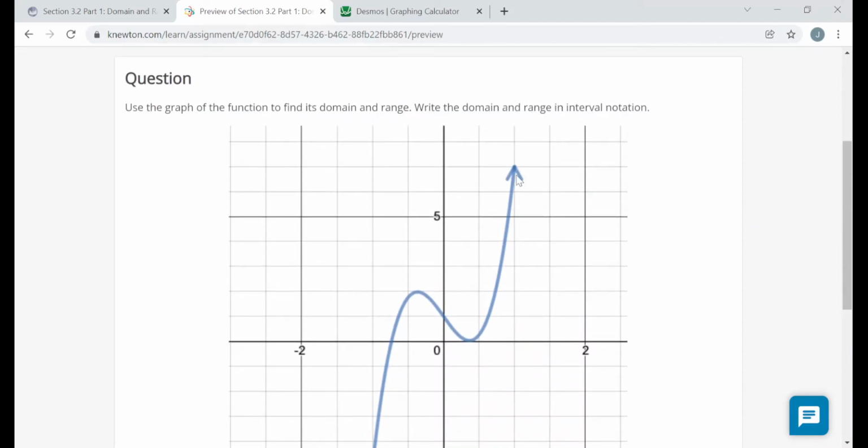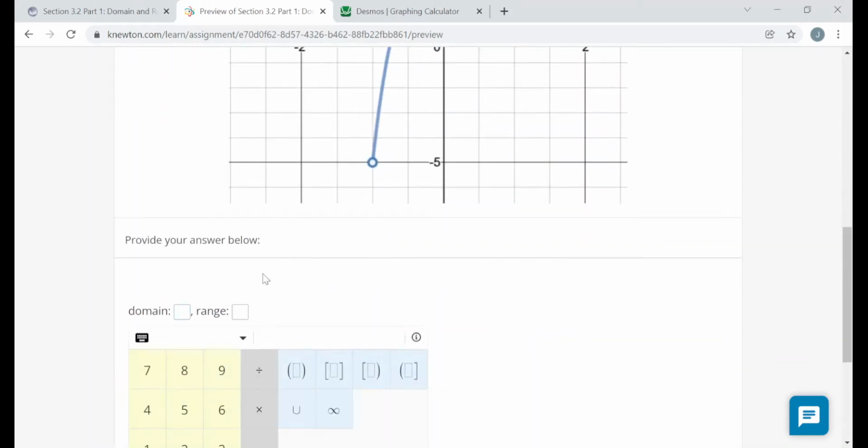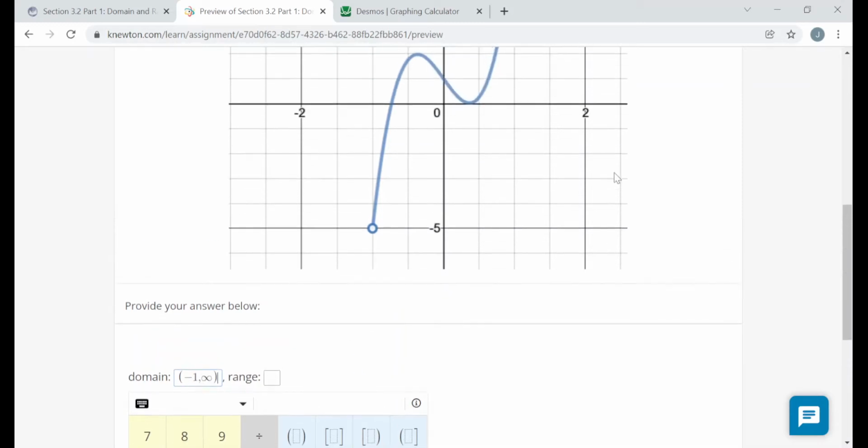The arrow implies it goes up and to the right forever. So from -1 to infinity, those x values are being used in points on this graph. But parentheses on the -1, because that is an open point. So -1 comma infinity for the domain.